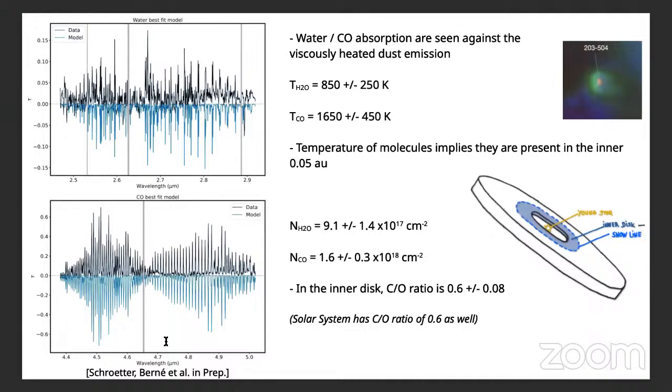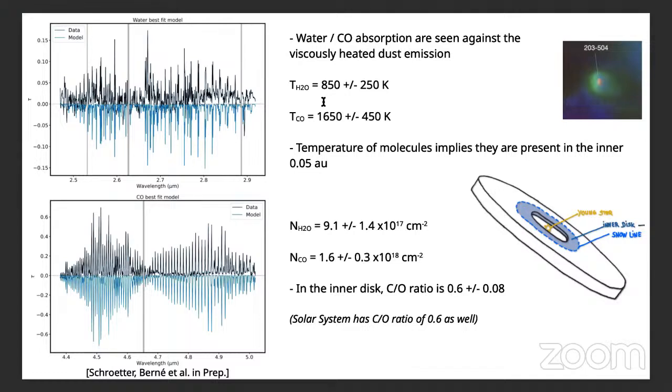What I did here, with the same colors as before, is constrain the temperature and the column densities of water and CO. So the water and CO are seen in absorption, and they are seen against the viscously heated dust emission.